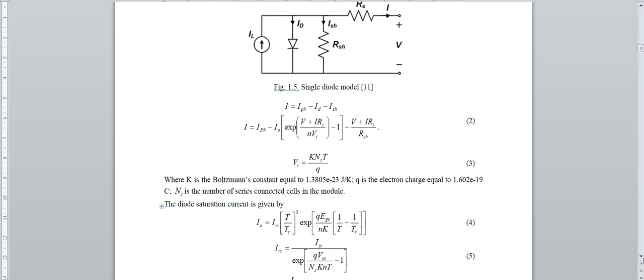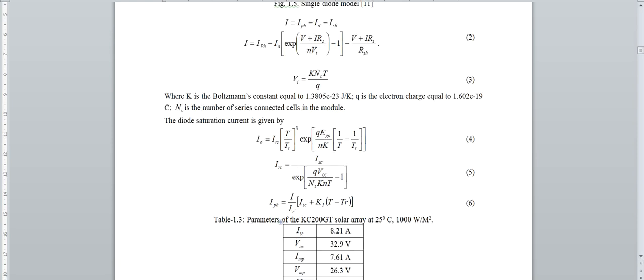Now if the array is composed of a number of parallel connections of the cell, the PV saturation current may be expressed as Ipv equal to Ipv into cells in number of parallel. Equation 4 and equation 5 are the diode saturation currents.